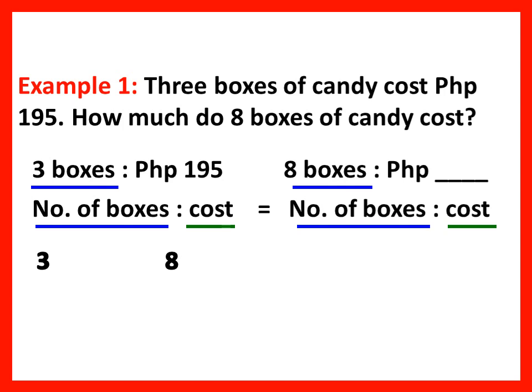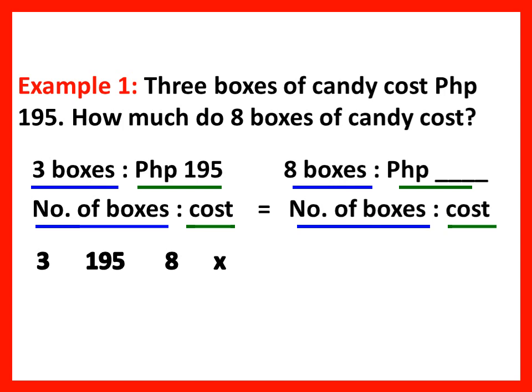The other variable is the cost, or the amount of money. From 195, it becomes x. So what do you expect with the value of x there? Is that higher than 195 or lower than 195?